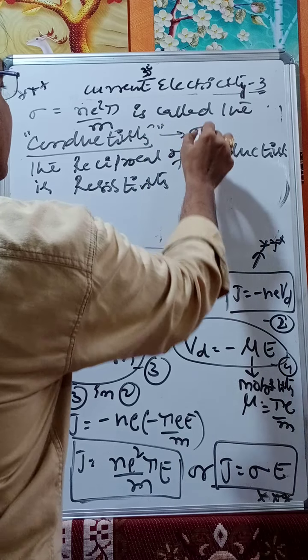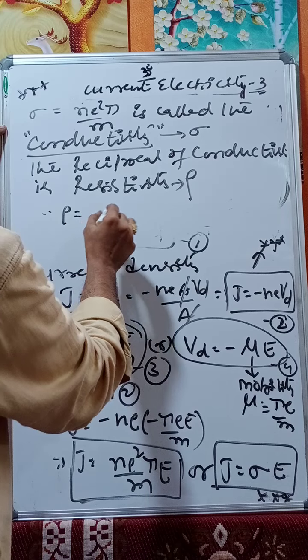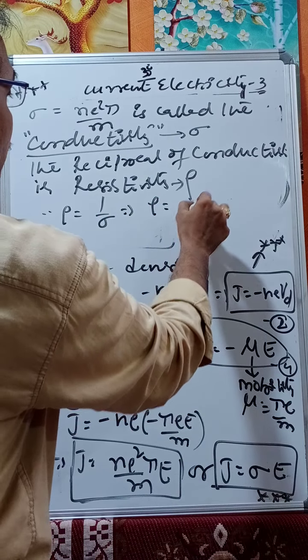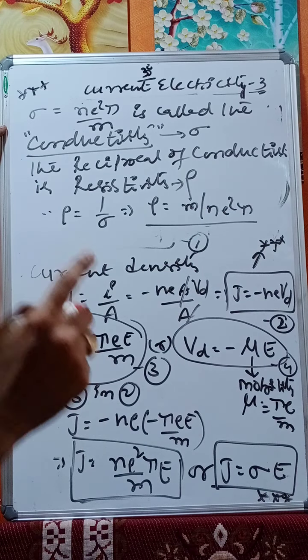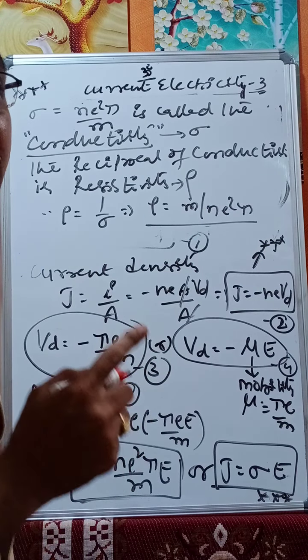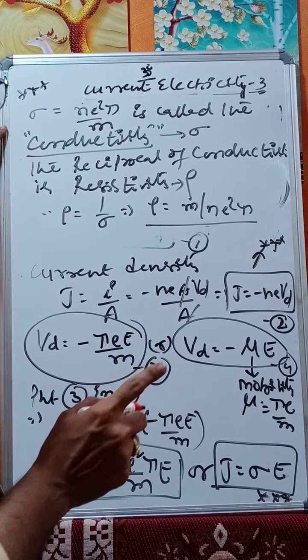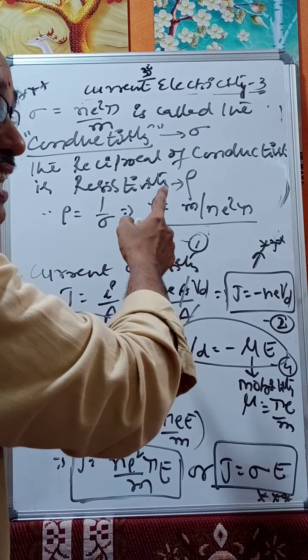Conductivity is sigma, resistivity is rho. Therefore rho is equal to 1 by sigma, which implies rho is equal to m by Ne square tau. These are very useful in solving problems in your JEE Main examination.